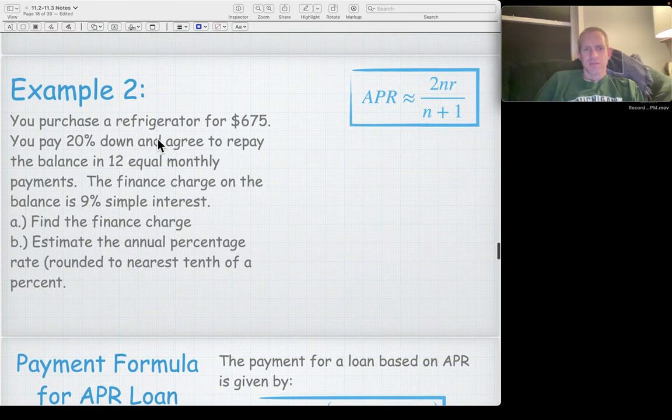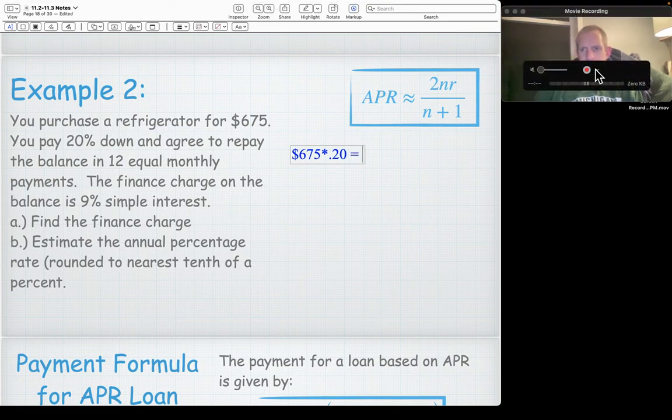So first thing, let's figure out what 20% of 675 is, so that we can know what it is that we need to take a loan for. So $675, if we multiply that by 20%, that's going to be how much we were able to pay right now.